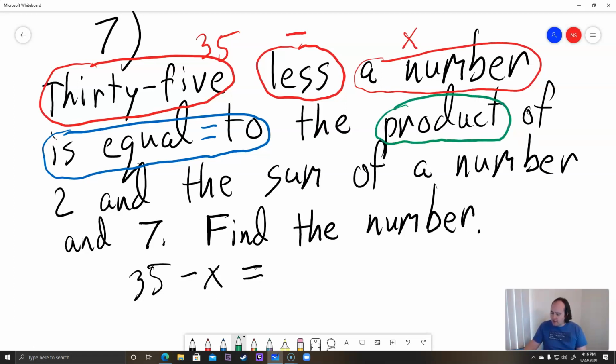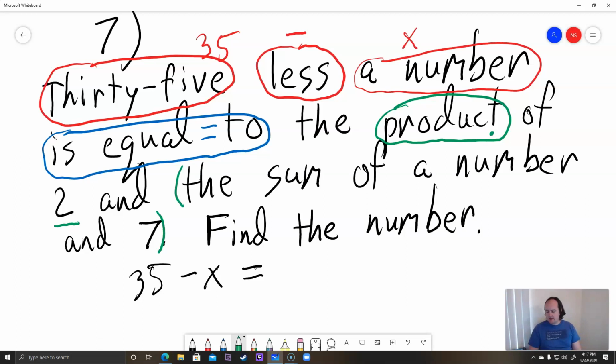So we know that product means times. And we're doing the product of 2 and the sum of a number and 7. And just like last time, when it says the product or the difference or the quotient of something and something else, there's automatically parentheses around this part.